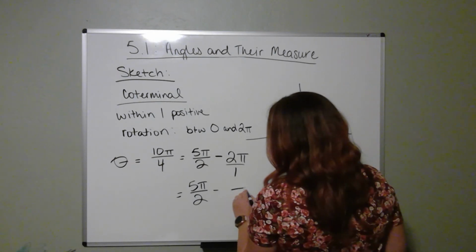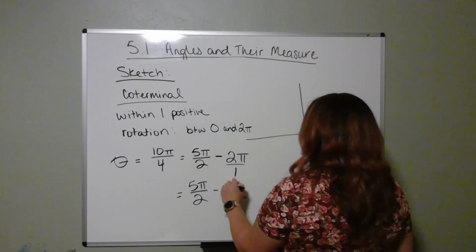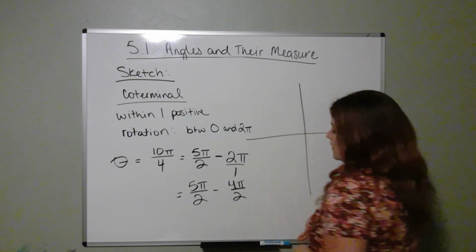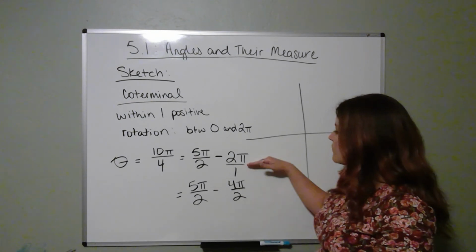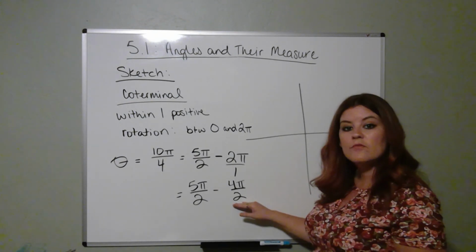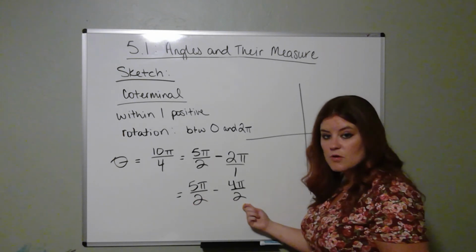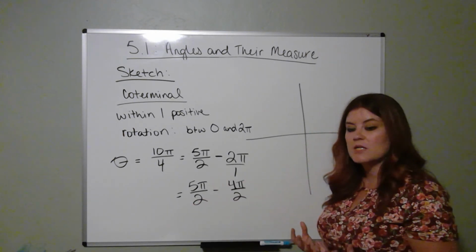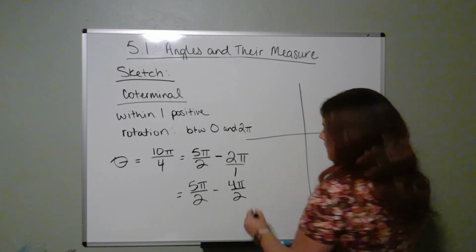So how can I rewrite 2 pi as something over 2? Well, wouldn't that be 4 pi over 2? I think so, you guys. So instead of writing 2 pi, I wrote 4 pi over 2. That was just to get a common denominator so I can do the subtraction. I'm taking away a full rotation. Notice that I'm still taking away 2 pi, I've just rewritten it.